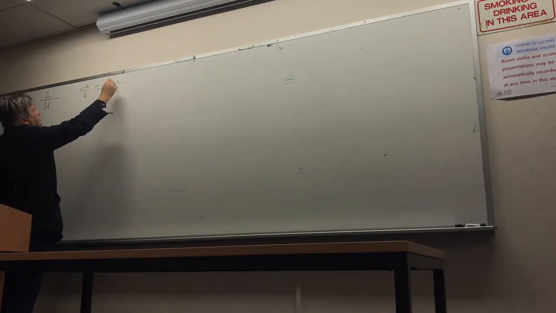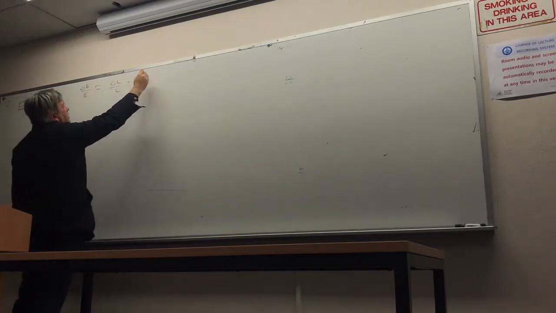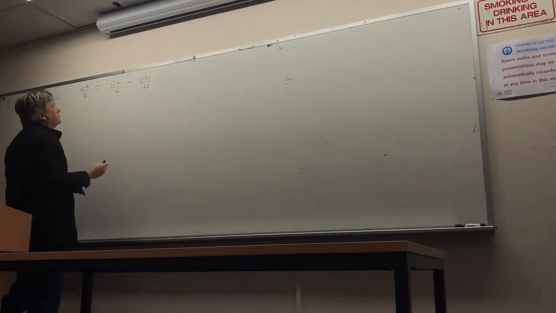So if I let E be the number of people in work, that is going to equal the total amount of hours worked, L, divided by H, where H is the number of hours each person works. Just a trivial thing. Therefore, we can say that the rate of change in employment is equal to the rate of change in hours worked minus change in H over H.